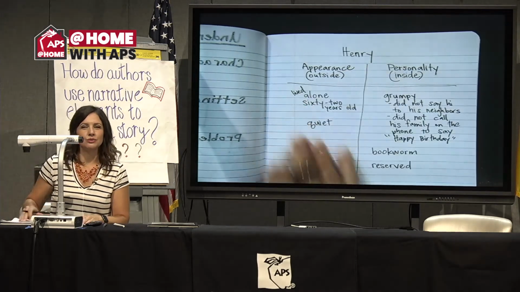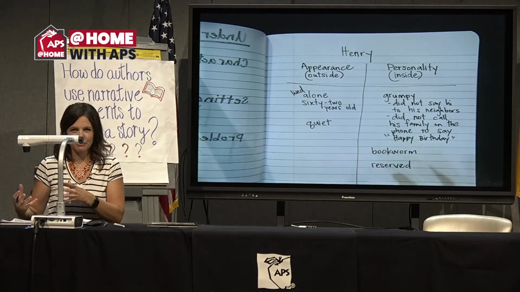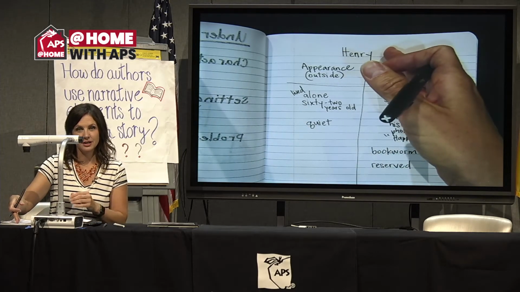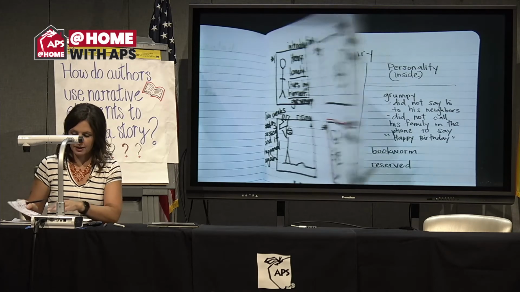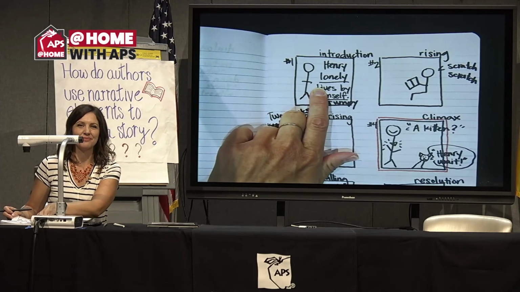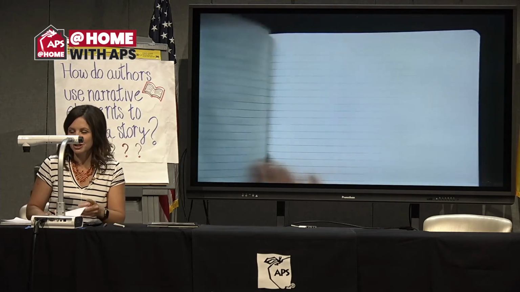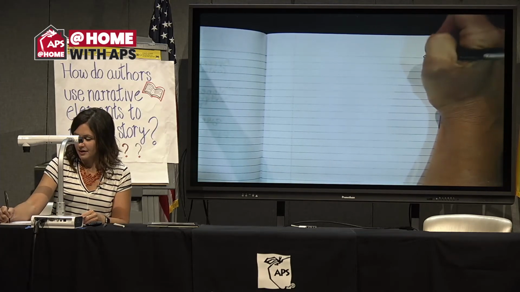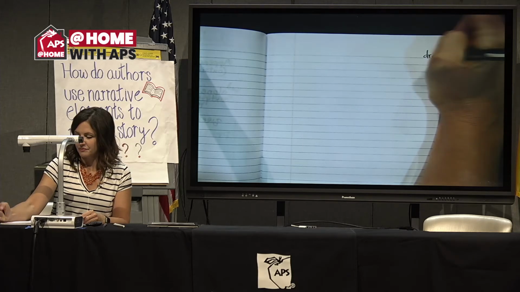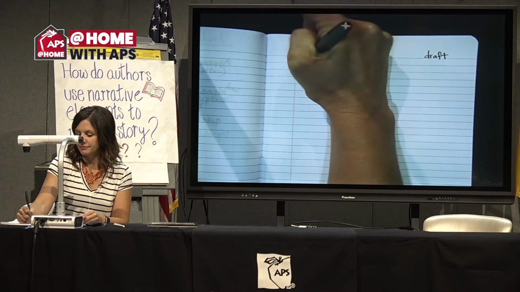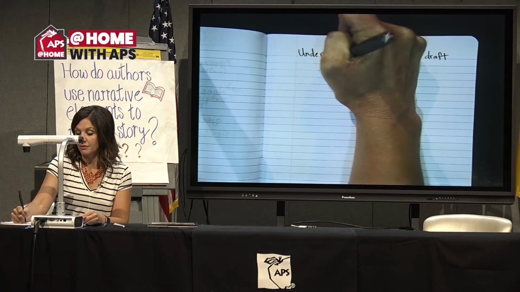So I'm going to use this character map about Henry to help me start my introduction. So I'm going to start my draft. This is called Under the Rug.